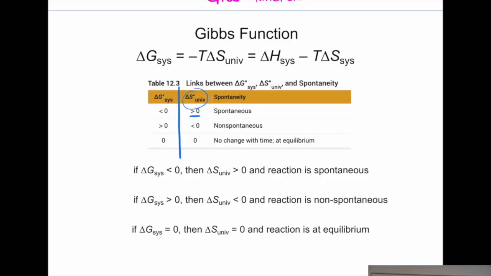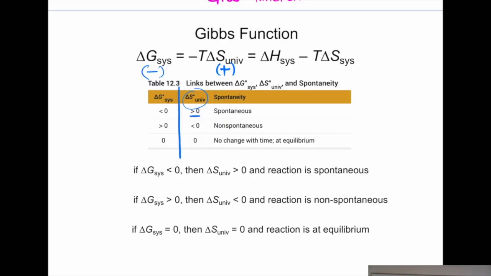But as you've seen through this derivation, if delta S of the universe is always positive, and delta G of the system is equal to negative T delta S of the universe, that means that delta G must be negative, always. It just comes from how we derived it. That's why delta G is negative for a spontaneous reaction.